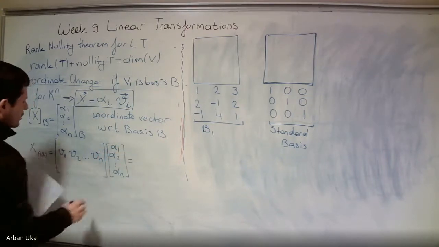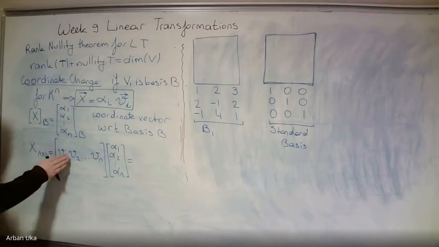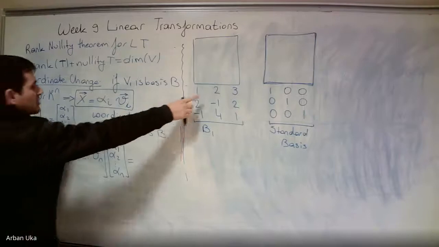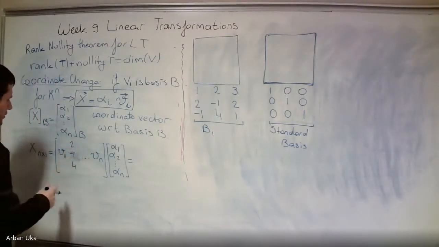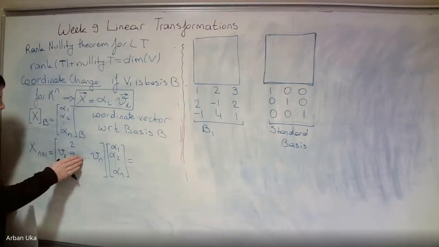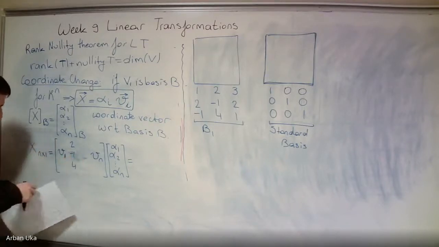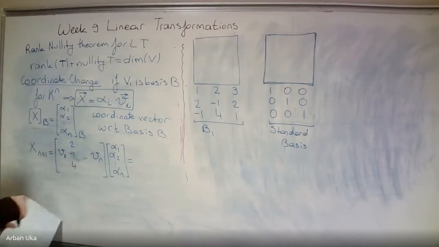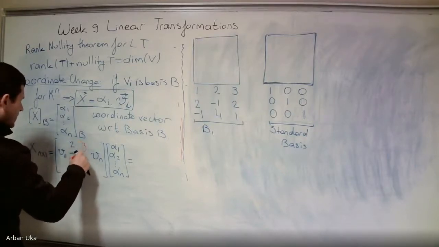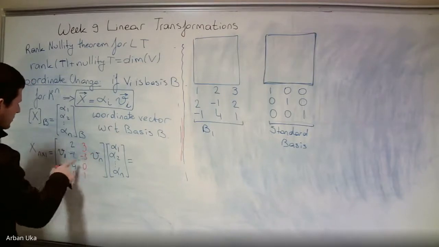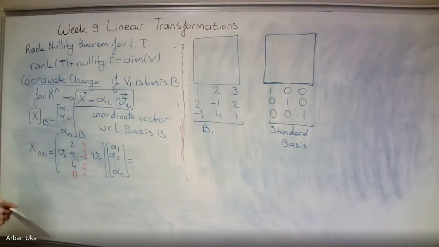Now let me put here a v2. How should a v2 look like? Well, let's pick this one, 2, minus 1, 4, just as a reminder of how these things are going to look like. And we can pick up some other vector in between, assuming that we have, let's say, also a 0 again. This can look like 3, minus 3, 0, 1, whatever. I'm just reporting these as examples.